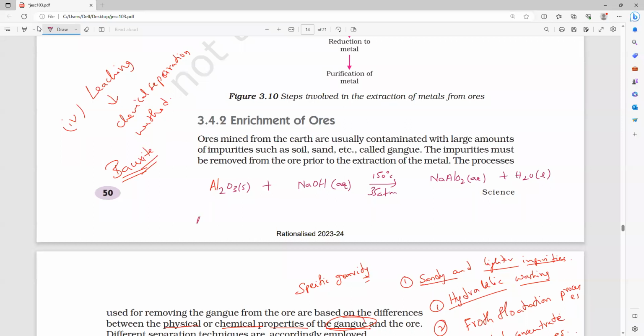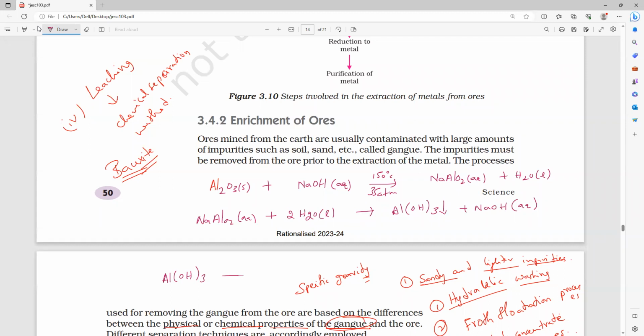Now this sodium aluminate, NaAlO2, reacts with water and gives us aluminum hydroxide, which is a white ppt, plus again sodium hydroxide.